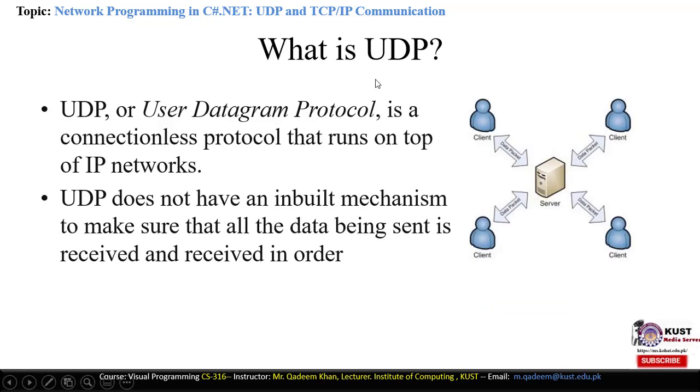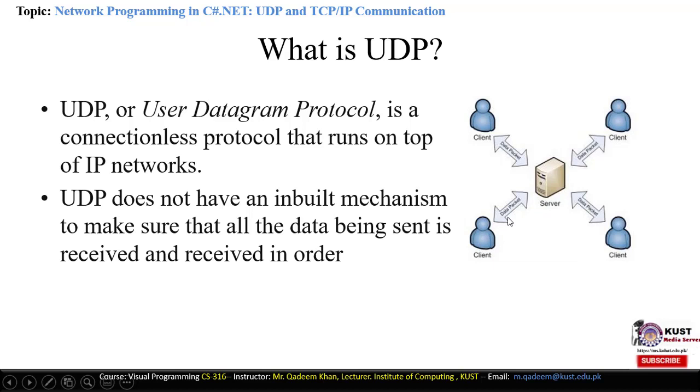So we will first perform UDP communication. UDP is also called the User Datagram Protocol, and it is a connectionless protocol that runs on top of IP networks. In UDP, multiple clients communicate with a single server, and that communication can be bidirectional as well.